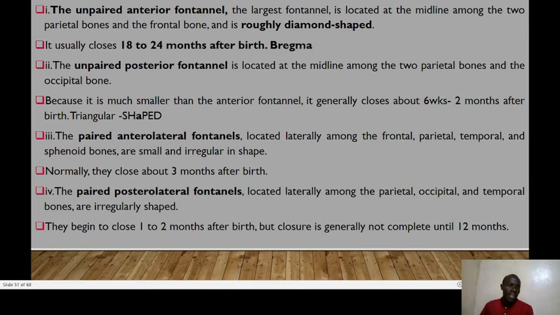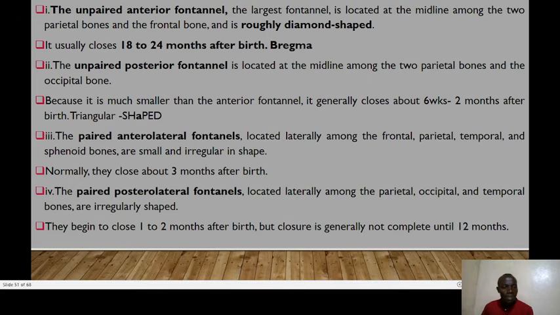Okay, guys. Next we have the paired now anterolateral fontanelles. So that makes it number 4. 1, 2, then this is paired 3, 4. It's located laterally among the frontal, parietal, temporal, and sphenoid bones and are small and irregular in shape. Normally they close at about three months after birth.